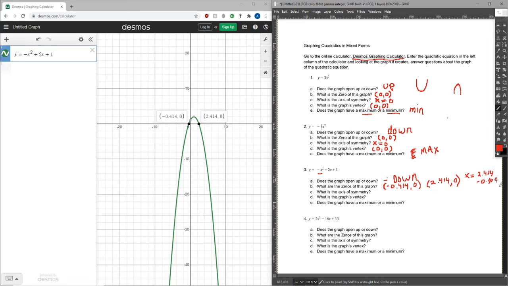Those are both ways that they can write the zeros, when they say x equals the numbers, or in these ordered pairs like they show you on the graph. For now, it's okay just to write the ordered pairs.